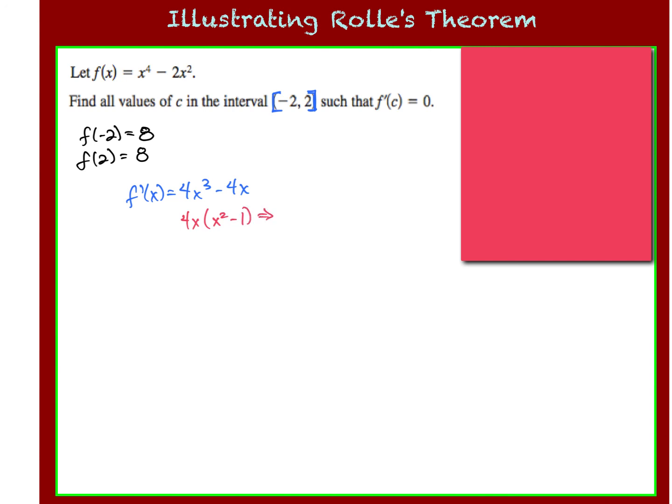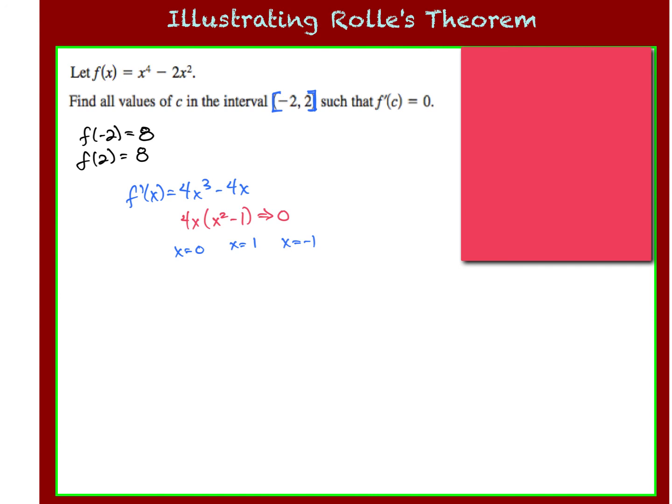And I'm going to set that thing equal to 0. Now, we're using Rolle's theorem, so we're going to set it equal to 0, but truly, we might be setting it equal to 0 because the slope between those 2 points is 0. Okay, cool. So when I set that thing equal to 0, I get x equals 0, x equals 1, and x equals negative 1.